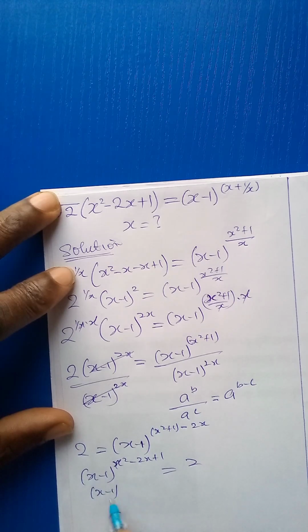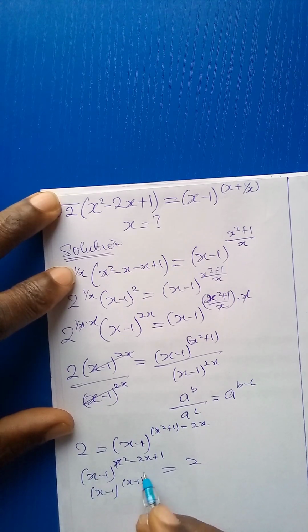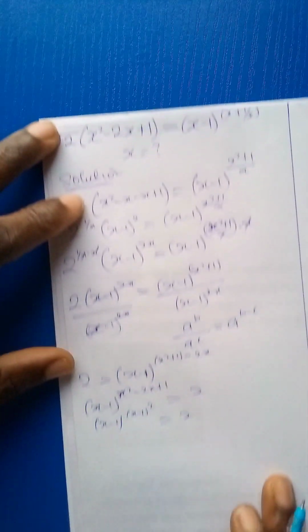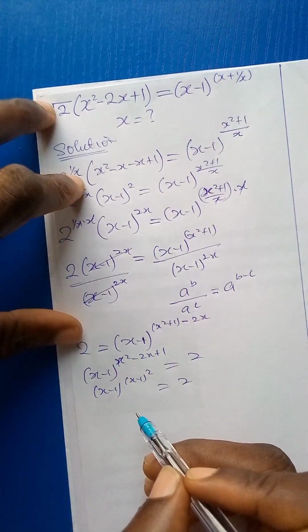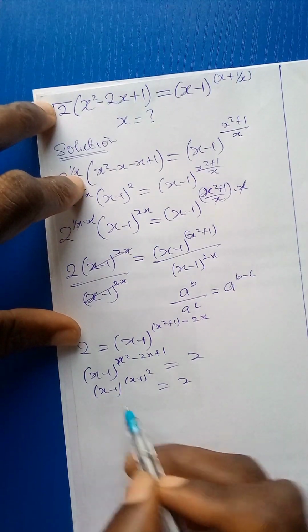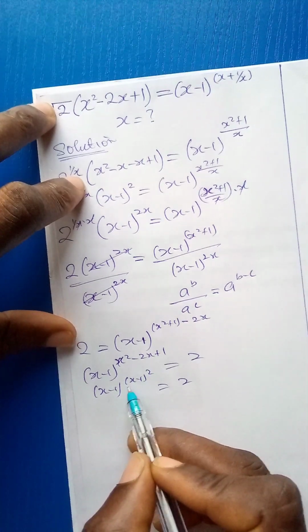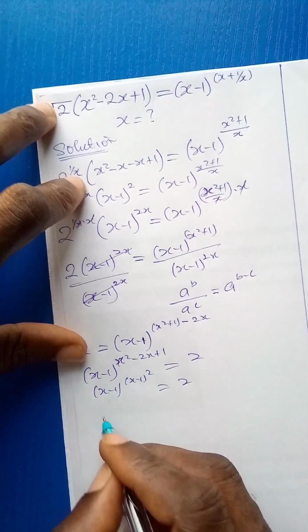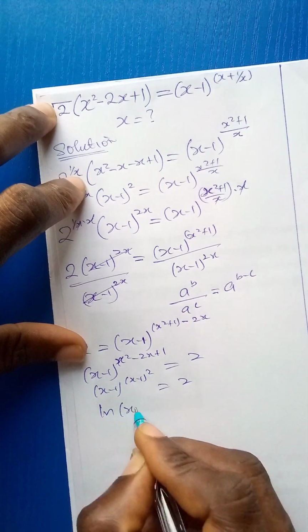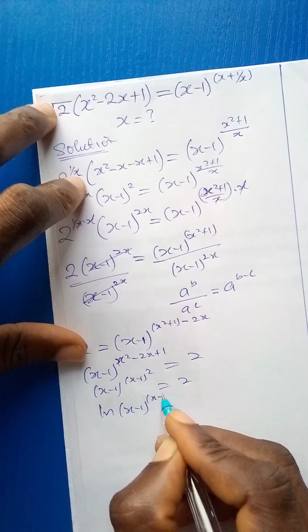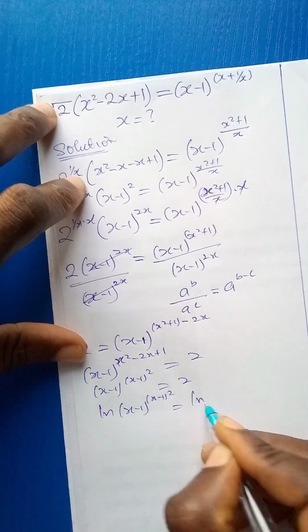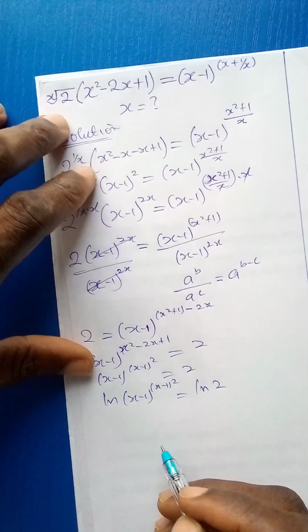I have x minus 1 to the power x minus 1 raised to the power 2 is equal to 2. Now what's the next thing I'm going to do? I will ln both sides because I have the unknown variable in the base and the unknown variable in the power. So if I ln this side, x minus 1 to the power x minus 1 squared, I'll also ln this side because we are dealing with an equation.